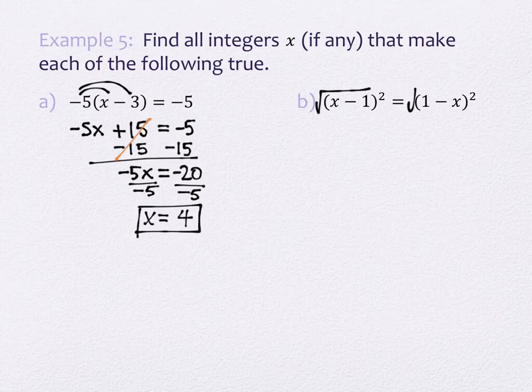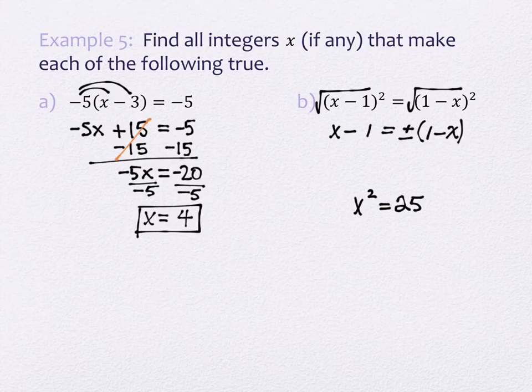The catch when you square root that you need to remember is that when you take a square root, it's positive or negative what you had before. So for example, I'm going to give you a simple one. If you had x squared equals 25, what two values could x be to make that work? 5, as in 5 squared is 25, or -5, because -5 squared is also 25.